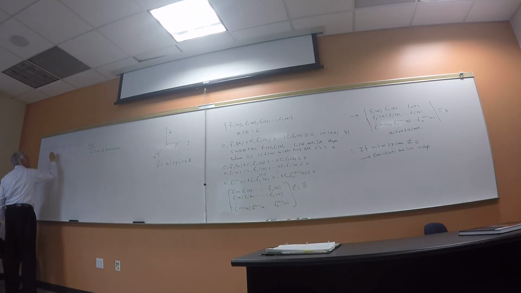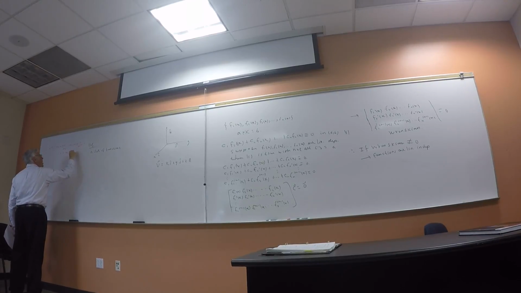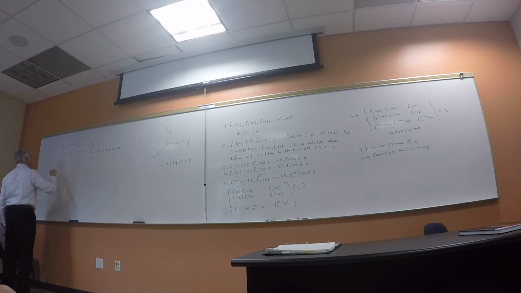L operating on y is a_n(x) d^n y/dx^n, plus, and then we have a_1(x) dy/dx. This is the most general linear equation, plus a_0(x) y equals some function g of x. Again, to remind you, that's the form of the general nth order linear differential equation.